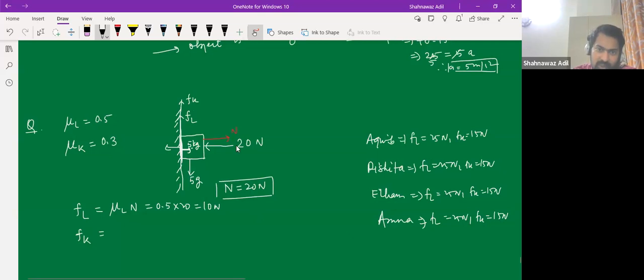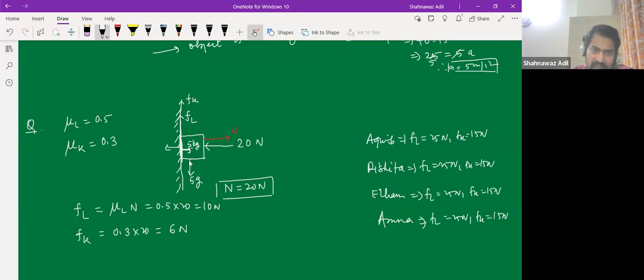All of you guys understood why this N is 20? Yes, sir. Okay, then this is 0.3 and N is 20, so this is 6 Newton, right? Now, the motion of this object is given by gravity.